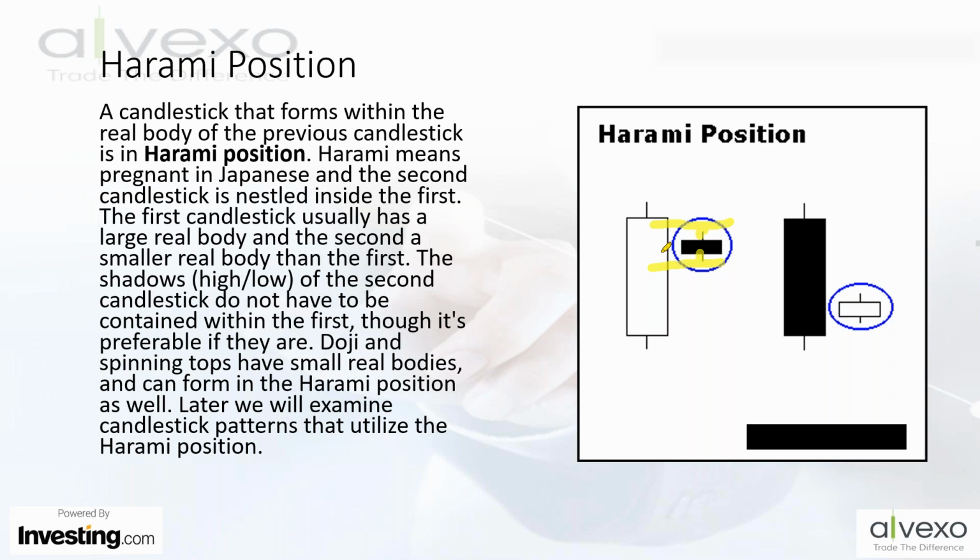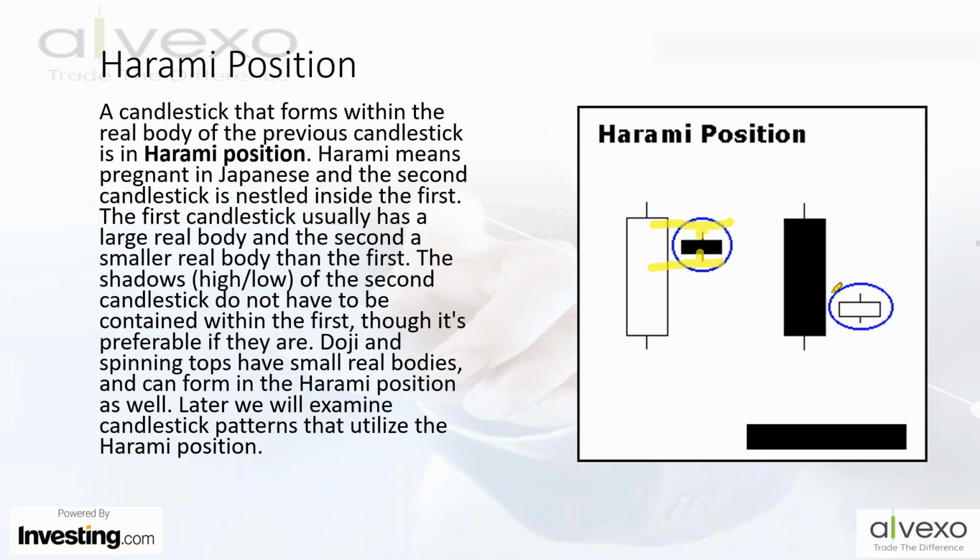Now, you can have a bullish candle and then a bearish candle, or you can have a bearish and a bearish candle. My rule of thumb says that the baby candle must be the opposite of the mother candle.